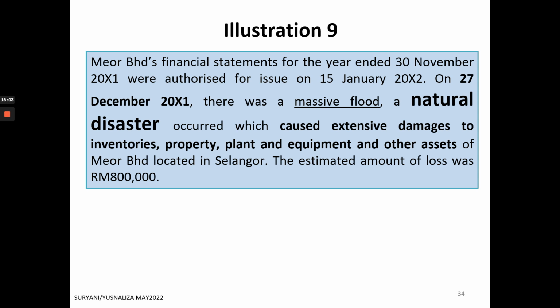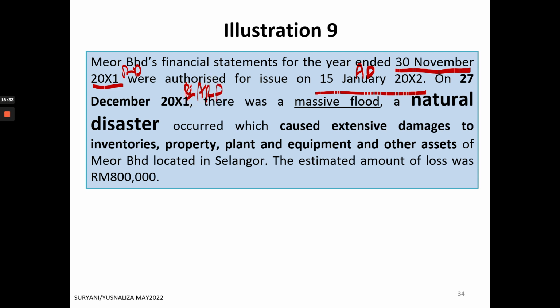Next is about a company, Mio Berhad, which has a financial statement for the year ended 30th of November 20X1, and this is the reporting date or the year end. It was authorized for issue on 15th of January 20X2. So this is the authorization date. And on 27th of December 20X1, this is the date where the event after reporting period took place.